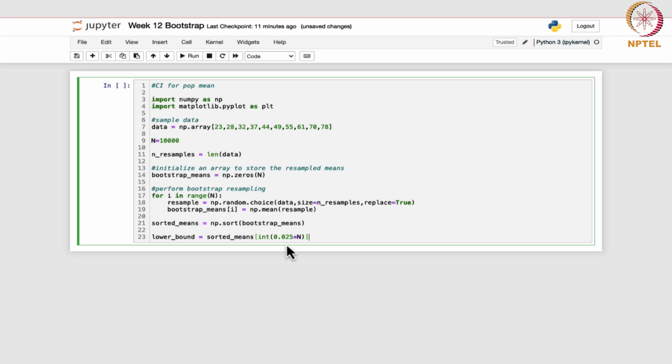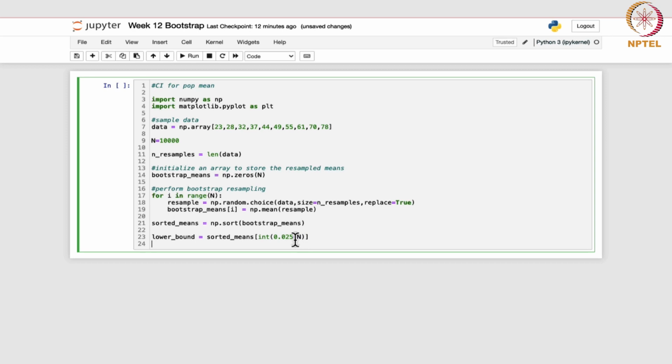So when we write 0.025 of n, it will calculate 2.5% of 10,000, right? Because we have arranged it in ascending order, from the bottom it will go to the point below which 2.5% of the bootstrap sample means fall. So it will provide the lower limit for where the true population mean might lie with 95% confidence.